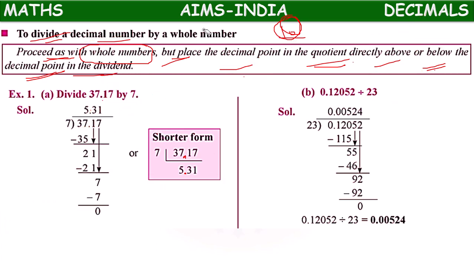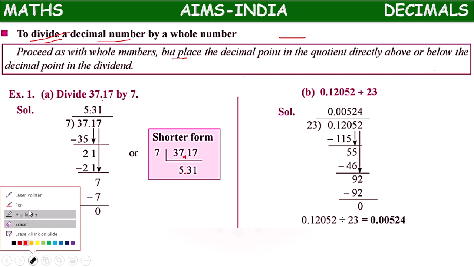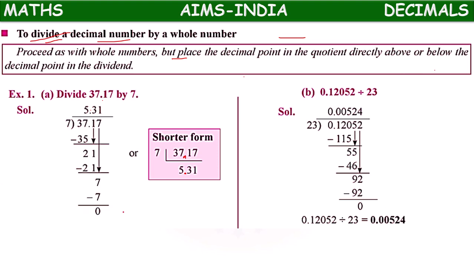So next one. Here we have 37.17. We have to divide it by 7.